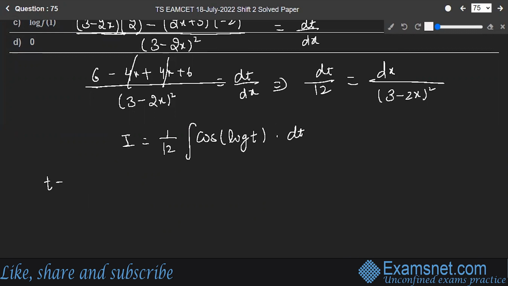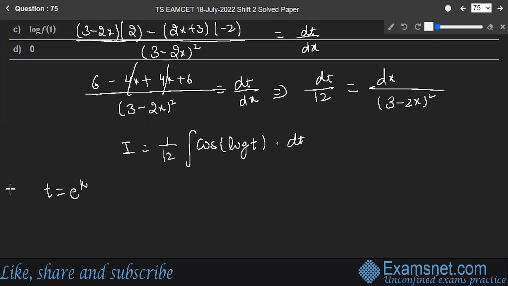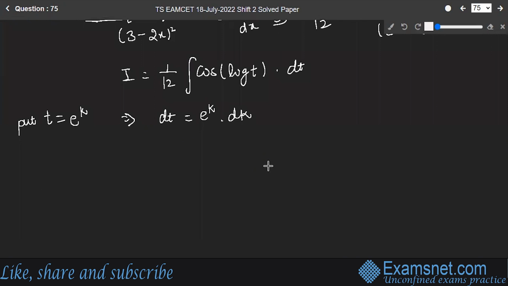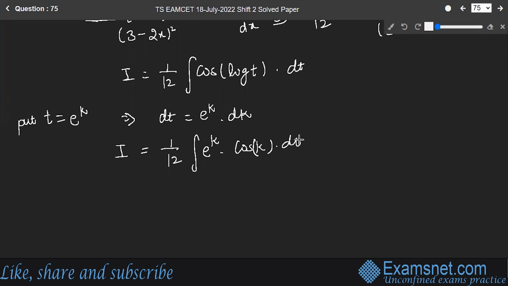Now let's put t is equal to e raised to power k. So the derivative dt will be given by e raised to power k into dk. That means the integral I becomes 1 by 12 e raised to power k into cos k dk.